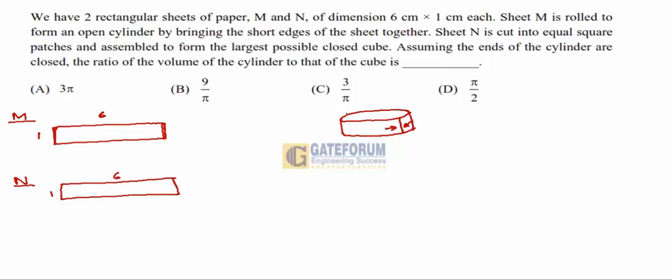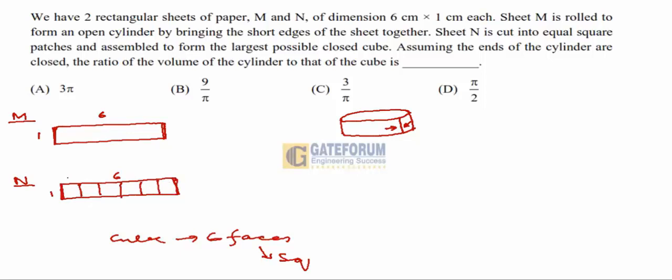largest possible closed cube. Now I know that every cube has 6 faces and all the faces must be a square. That is the property of a cube. So I can say that I can divide this into 1, 2, 3, 4, 5 and 6 divisions.